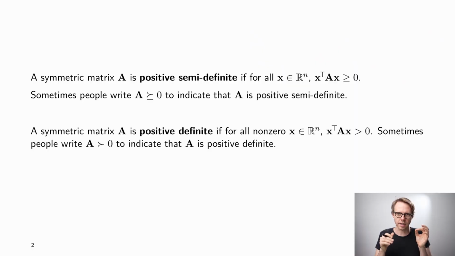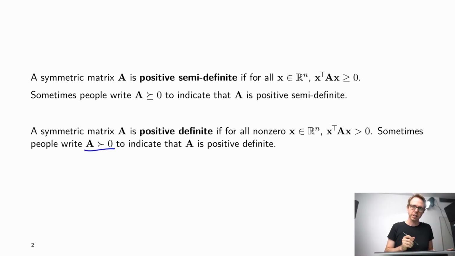Similarly, we define a symmetric matrix A to be positive definite if for all x element of R^n that are unequal to 0, the quadratic form x transpose Ax is larger than 0. And similarly to the sign before, we introduce this roundish larger sign.